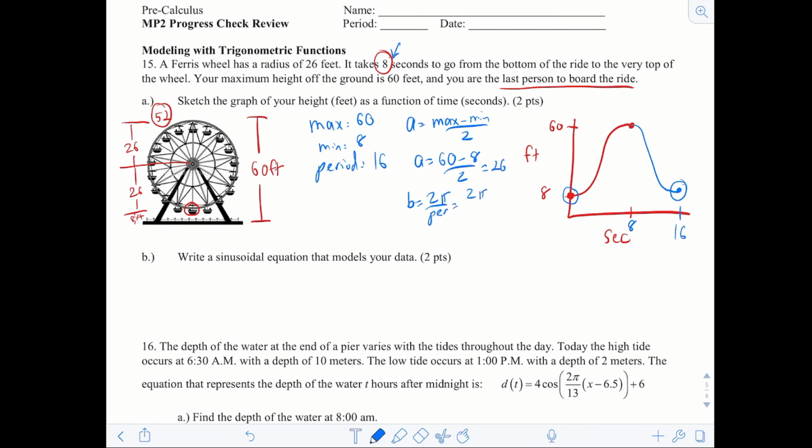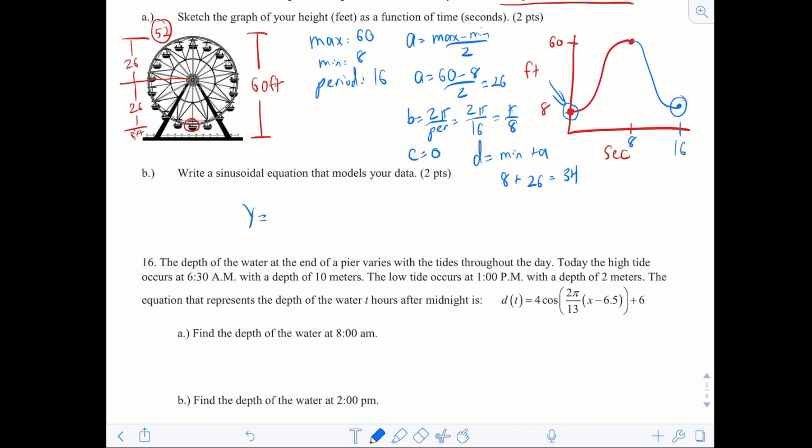So it's going to be 2 pi over 16, so that's going to be just pi over 8. My C value is, in a sense, the phase shift. So if I'm using cosine and using that point as my starting point, I'm no distance away from the y-axis. So C is going to be equal to 0. And D is going to be the midline, the mid is 8 plus 26. And so that ends up giving us 34.